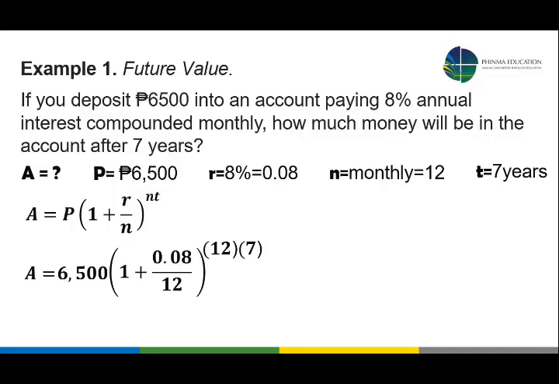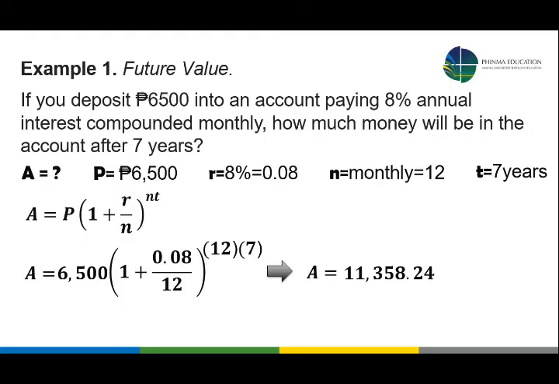For you to arrive at the exact answer, you have to calculate it all at once, not one by one. This will yield A equals 11,358.24.